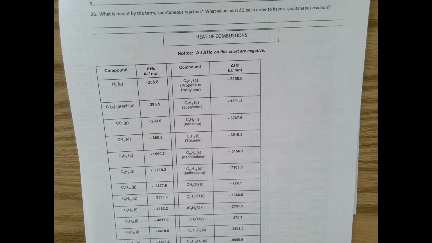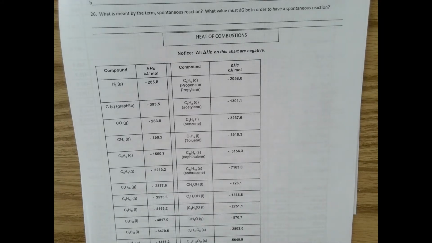So some of these, are any of these repeated? Maybe not in this chart. But in other charts you'll see you might have a liquid and a gas option per molecule. So it's very easy to get messed up by just looking for CH4 and grabbing the first one without checking the state of matter. Okay? A lot of times you get it right, but sometimes there are two. Okay? Especially in the formation enthalpy chart. Water is the common one that's messed up.